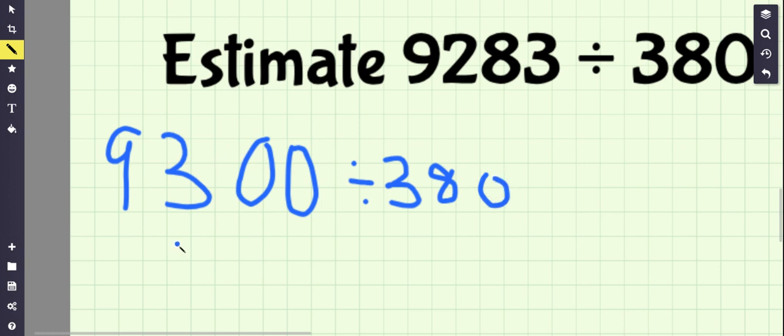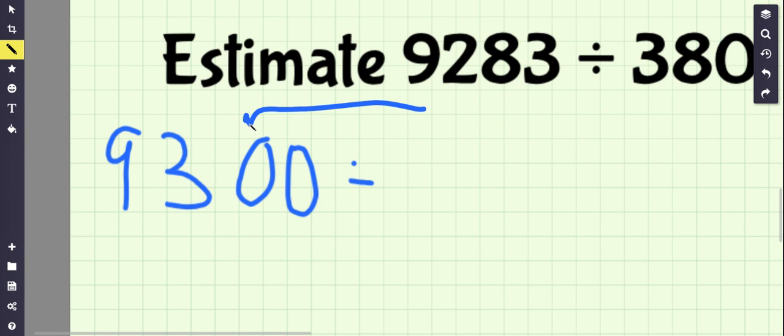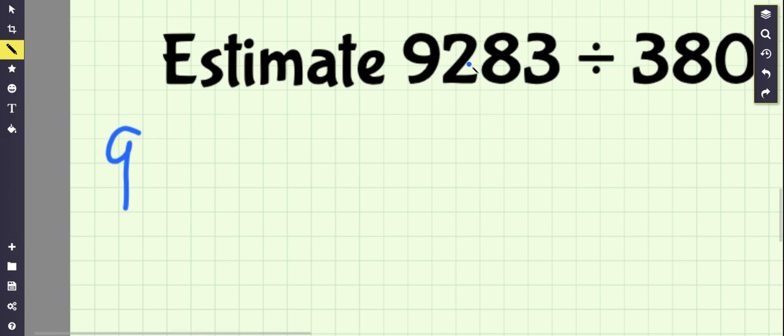Actually, we're gonna have to round both numbers. So we're gonna round both numbers here. Actually, I'm gonna make it so compatible that this is rounded to 9,000 here.